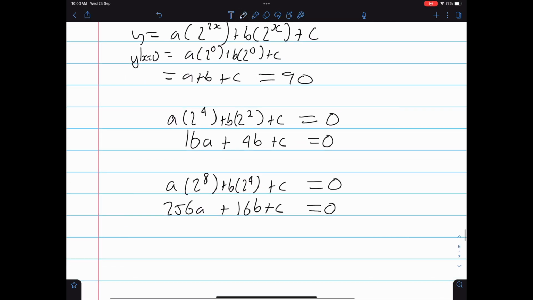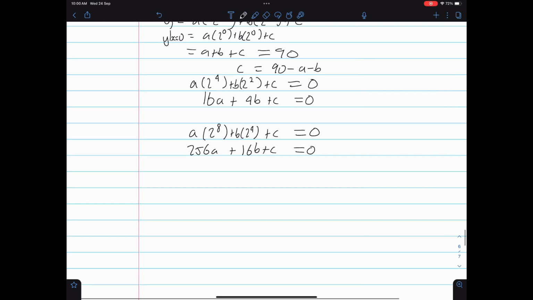Right, and at this point I'd probably rearrange c to be 90 minus a minus b. This probably will make it a lot easier. And then I can substitute the c for 90 minus a minus b.